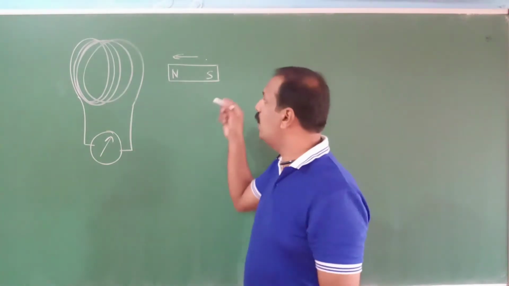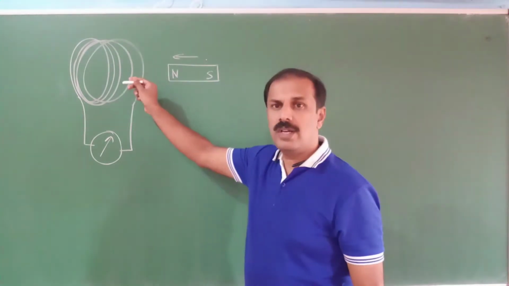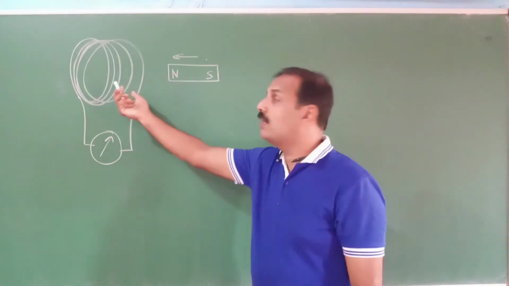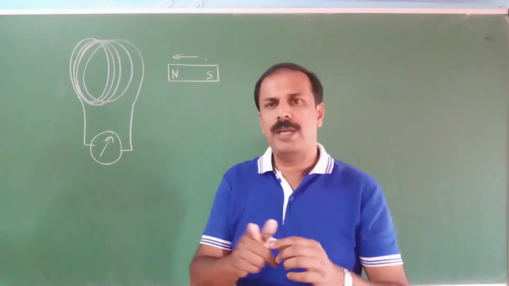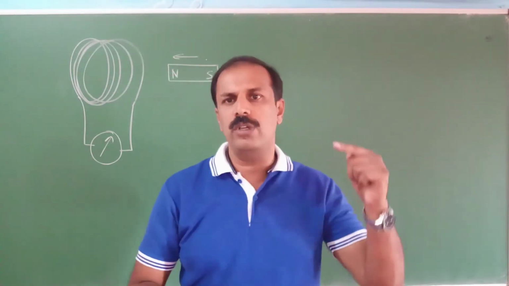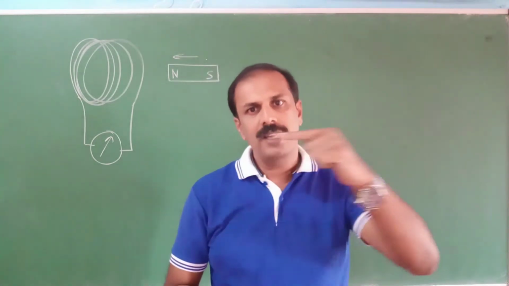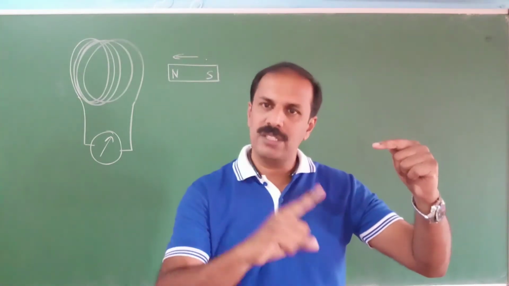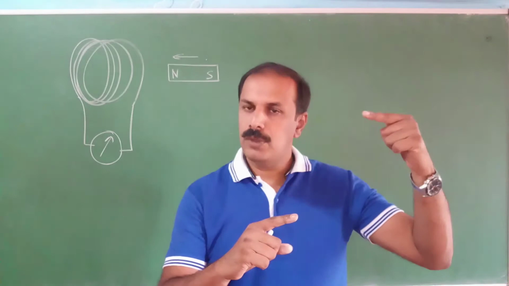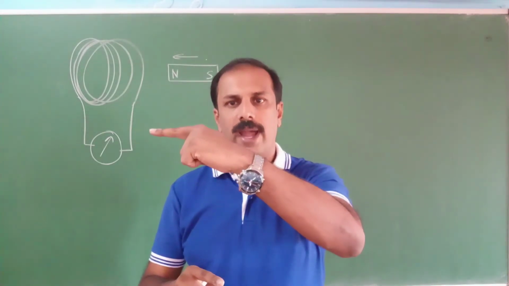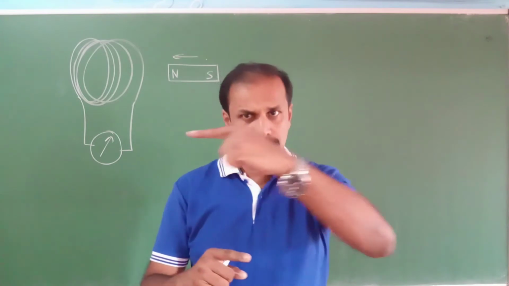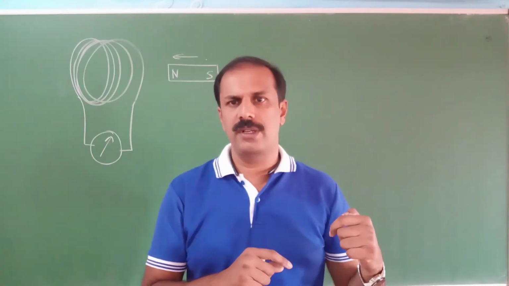Or again you can say, pushing north toward that side is the same as taking the south away from this side. If you have a particular deflection direction for north when you are pushing, when you take it back, it will show the opposite direction. Pushing north and taking north will show opposite directions.